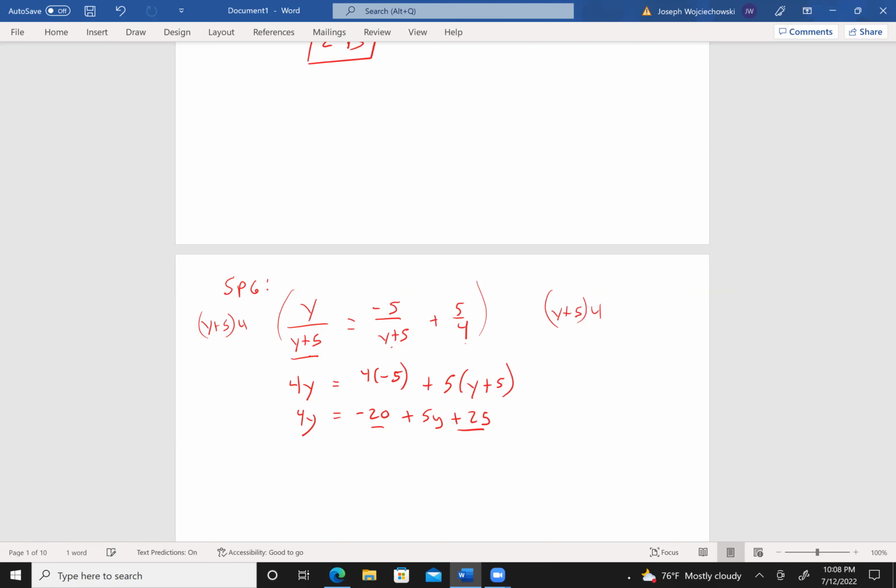Combining my like terms, I get 4y equals 5y plus 5. Since I don't want to have to deal with negatives, I'll subtract 4y from both sides. And I get y plus 5 equals 0. Subtract the 5, and I get y equals -5.